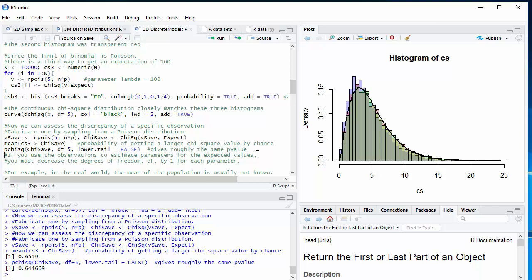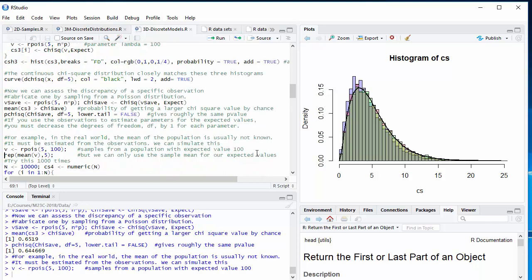This is nicely explained in the Chihara and Hesterberg textbook, and now that I know this is available electronically for free through the Harvard Library System, I'm just going to encourage you to read the details there. But the rule is, if you use observations to estimate a parameter, then you have to cut down the number of degrees of freedom by 1 for each estimated parameter.